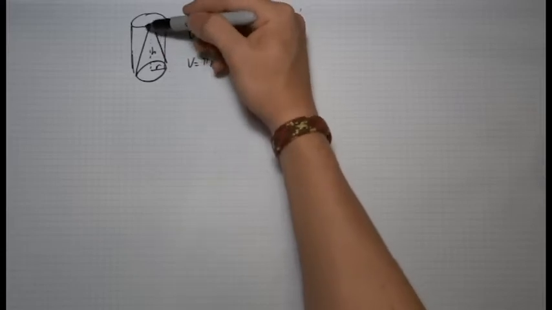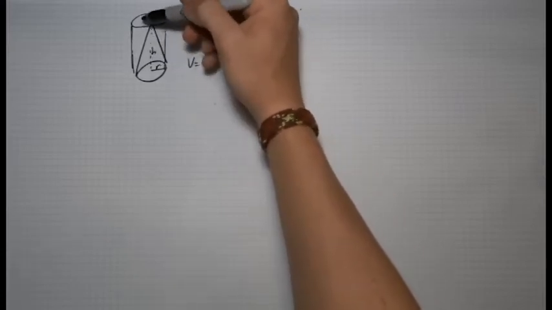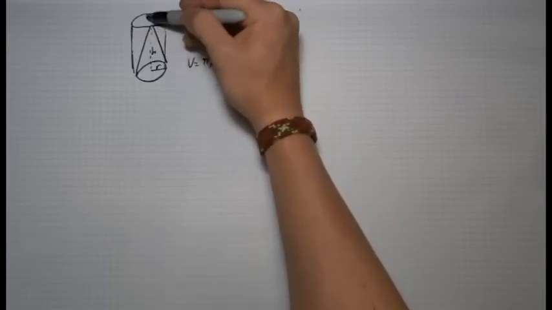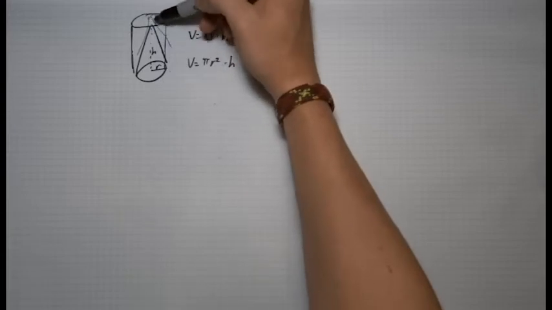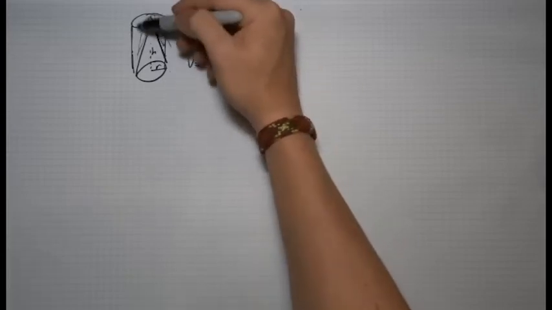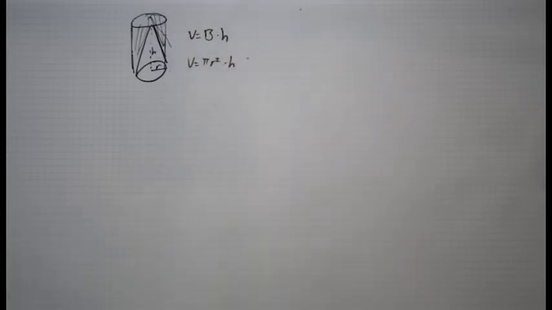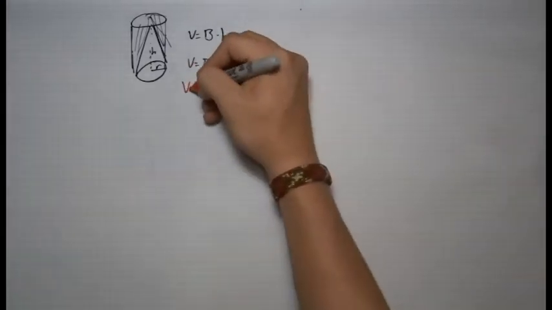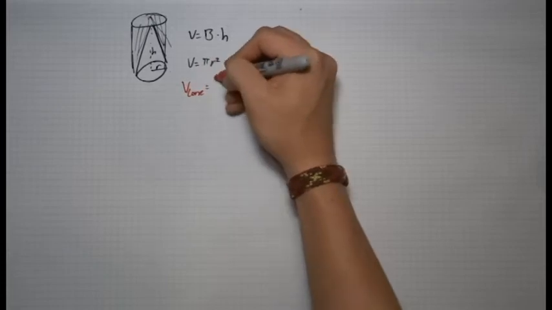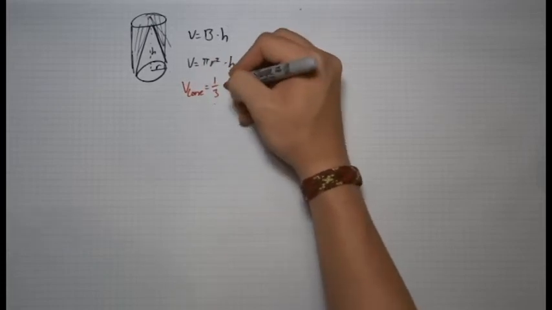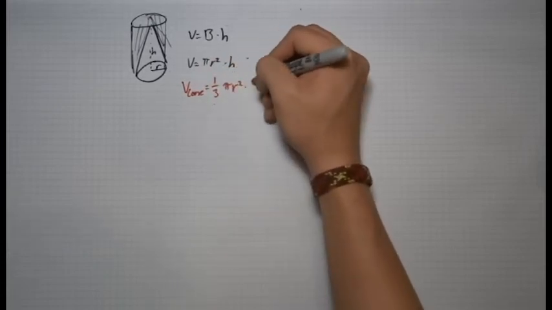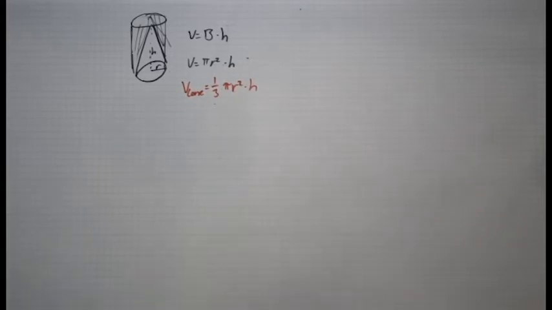And you can kind of tell that by this triangle. This is one of the 3 triangles that are formed in this cylinder, one being right here and one over here. So that's where we get the formula that the volume of a cone is 1/3 pi r squared times the height.